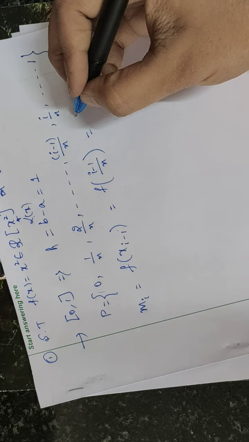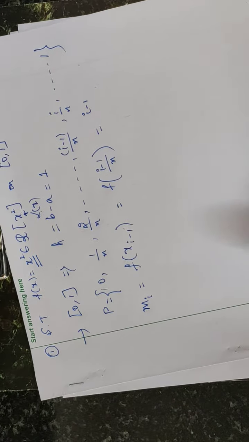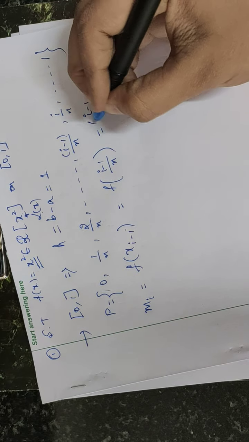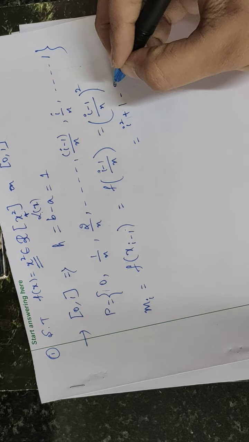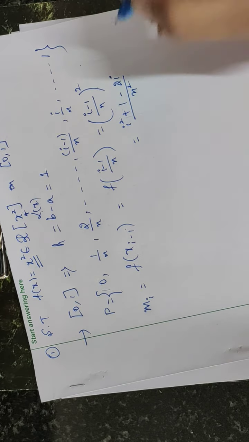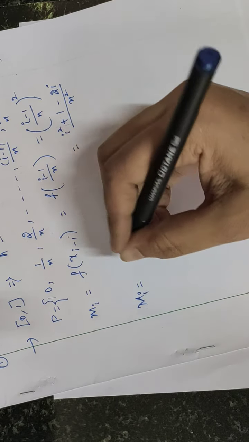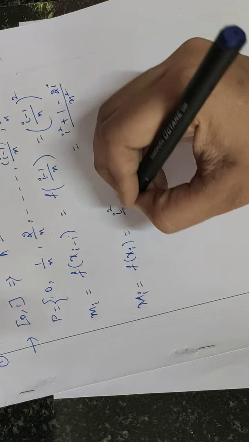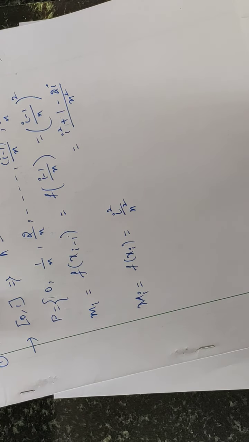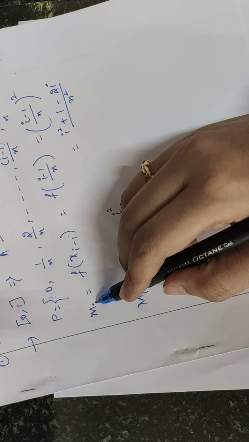So it will be (i minus 1) by n the whole square, since we have x square here. So it will be (i square plus 1 minus 2i) by n square. Right. So similarly find out capital M_i. Capital M_i is nothing but f of x_i. It will be i square by n square.